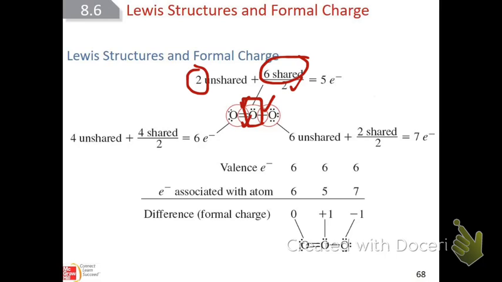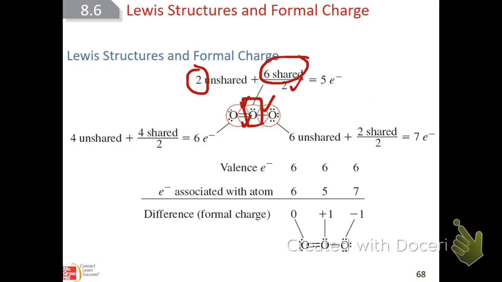Now let's talk about the associated atoms. You have 4 that are unshared on the left oxygen, and then you have 4 that are shared with that middle one. I'm going to change pen color so that it will become a little bit more clear to you.